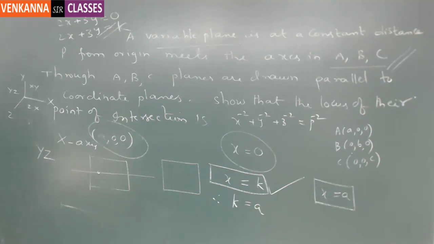Similarly, since I did one part with the first point, I will take (0, b, 0), the second point. I will consider a plane equation which is parallel to the coordinate plane. Using the same technique, you will get the plane equation as nothing but y is equal to k.